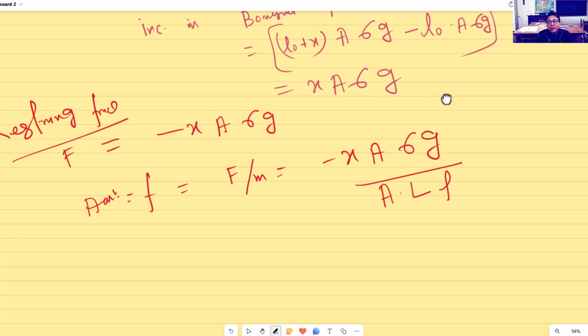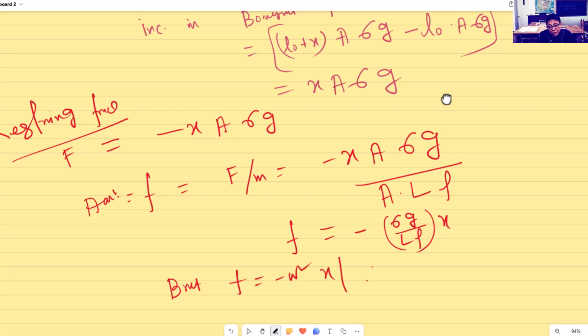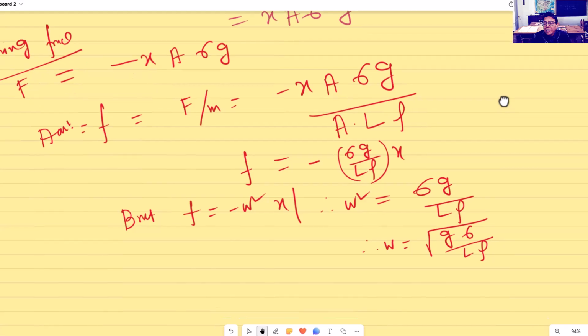So this is going to be minus sigma g by L rho into x. But F equals minus omega square x. So omega square is sigma g by L rho, omega will be root of g sigma by L rho.